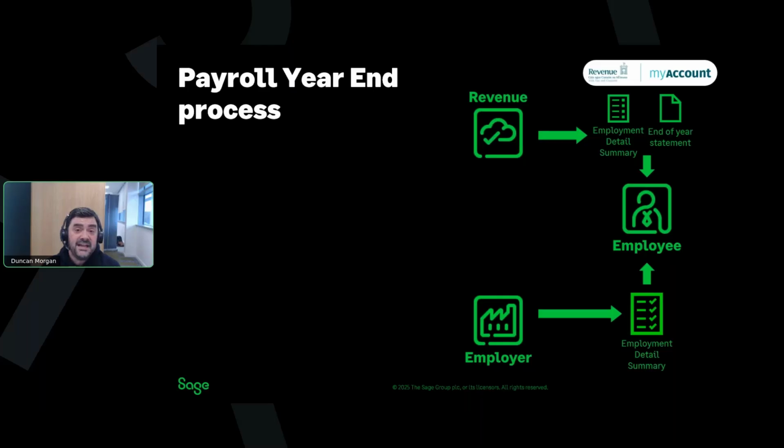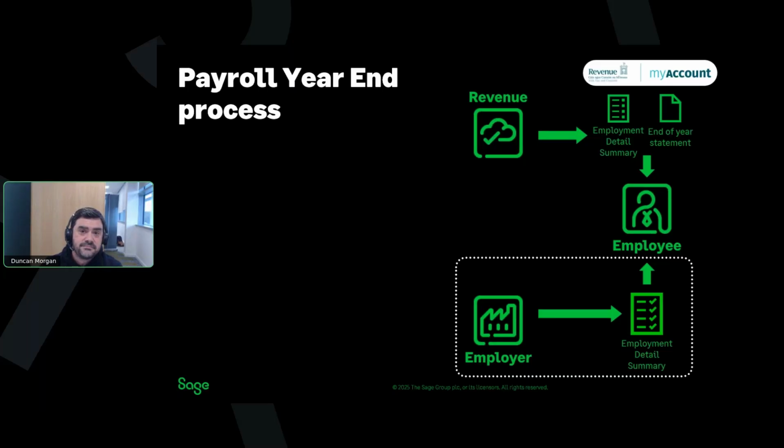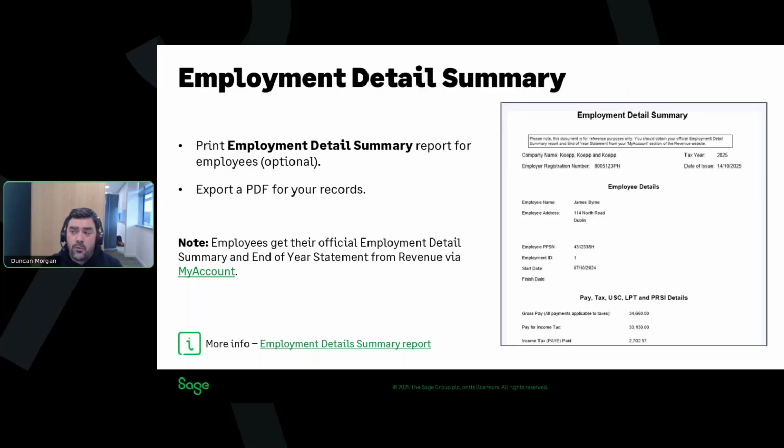So employees will need to log in to my account on the Revenue website to get those documents, and they're usually available early on in the new year. But as an employer, one step you could choose to do is to run the equivalent report in your payroll, the employment detail summary report, and that can either be kept for your records or it could be issued to employees for their reference. So a quick look at what's on that report.